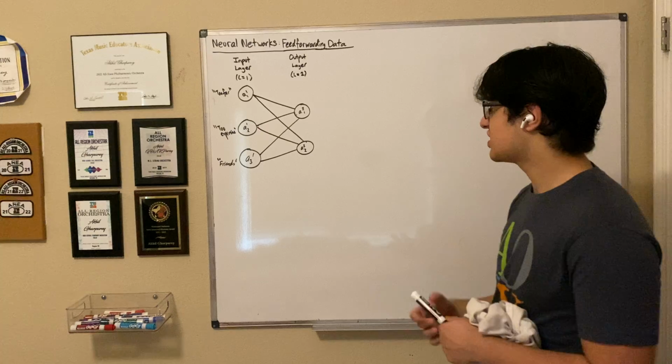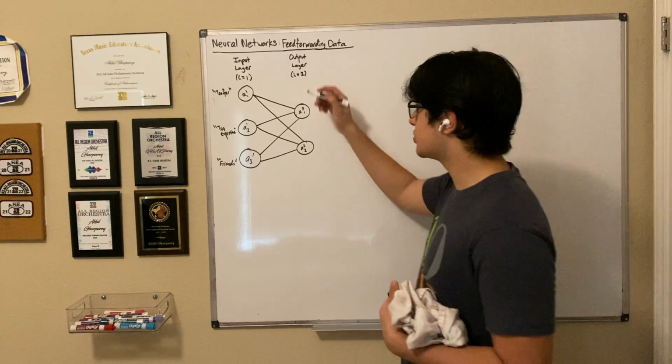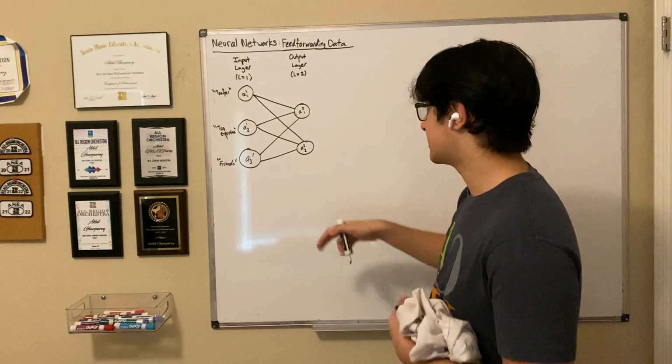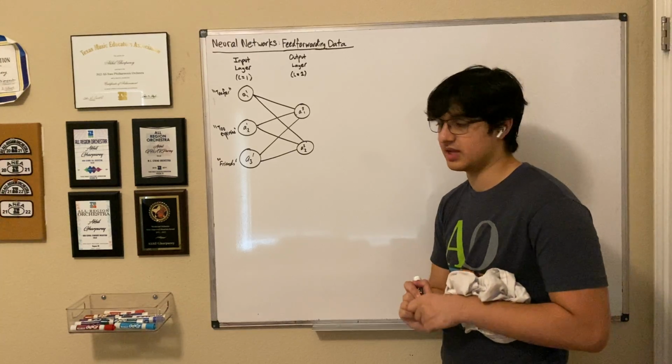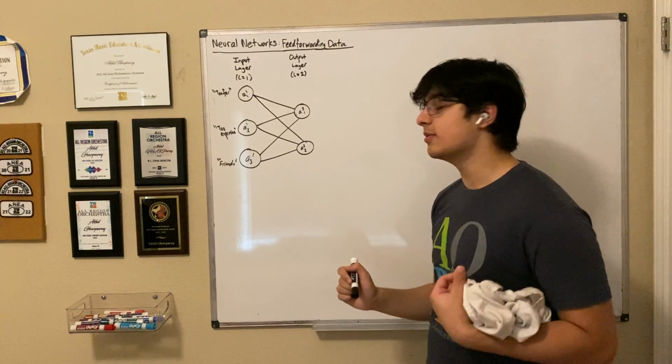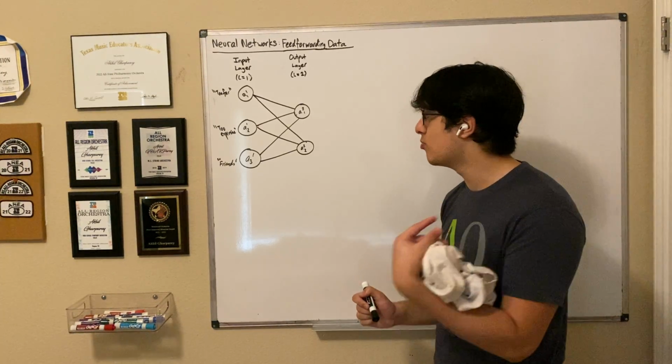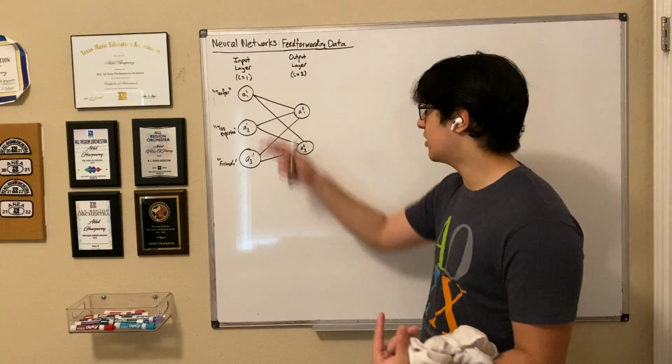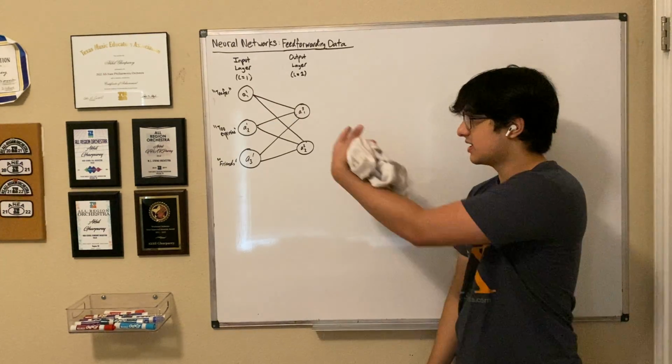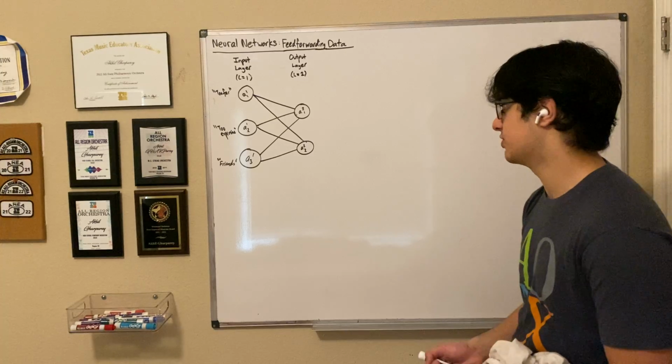So back on the topic of weights. Each individual connector that we can see has a weight associated with it. And you can think of these weights as how much the activation of this neuron influences the resulting activation outputs.